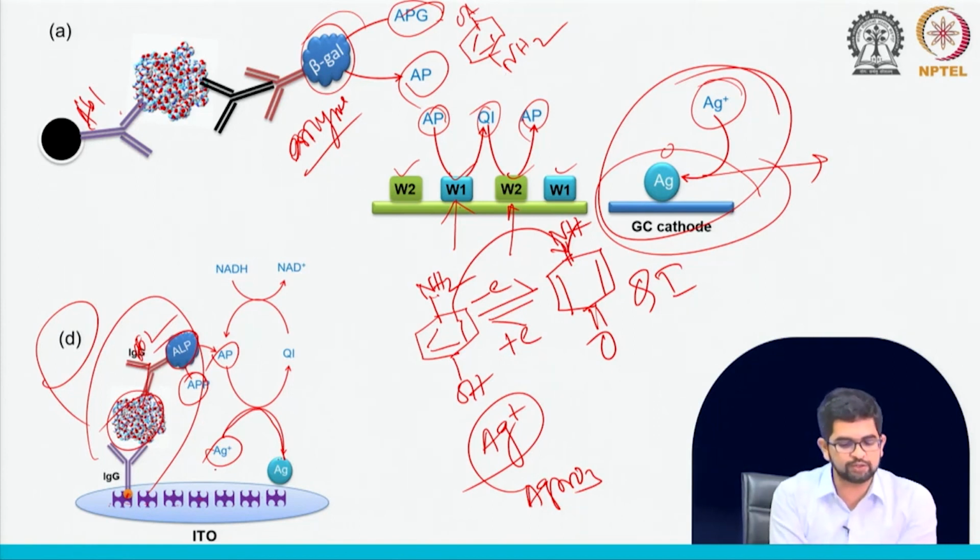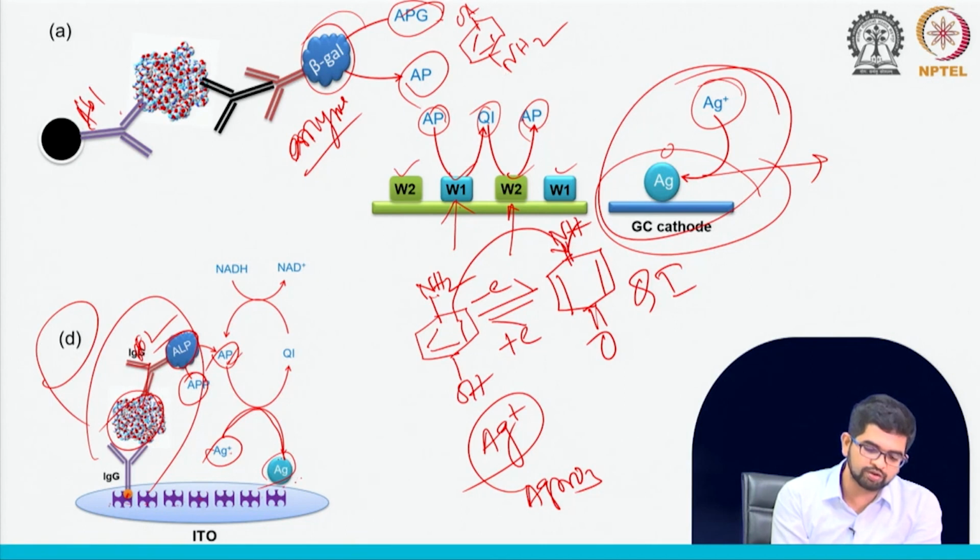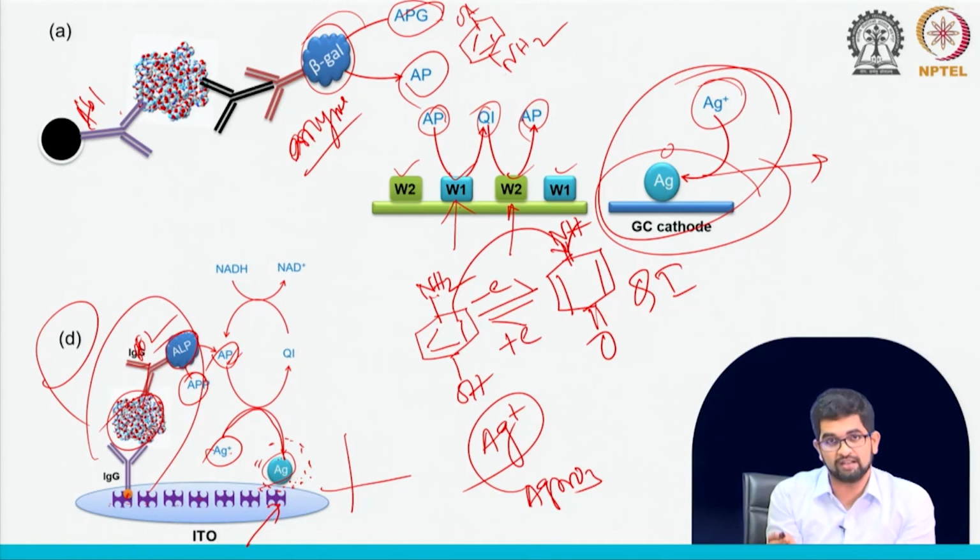Here we just use a silver salt. This silver salt will react with this aminophenol and form silver 0. If you make many silver particles on the surface, then you can easily oxidize those, as I will come to, and you can apply some potential, or run some other electrochemical signal, and you will get the signal.